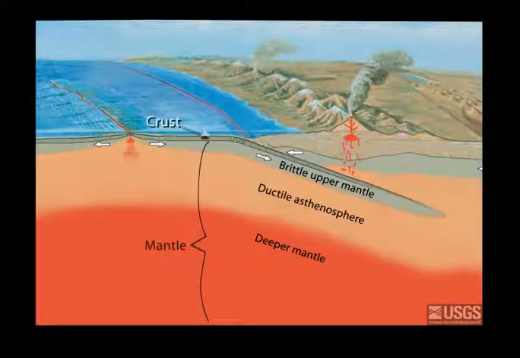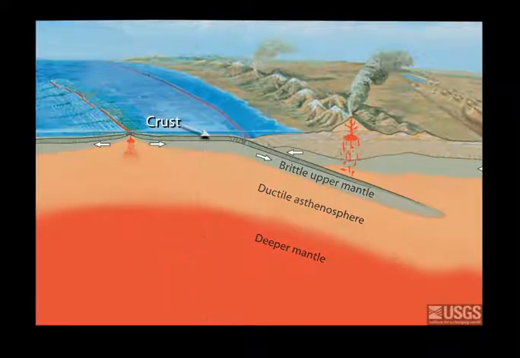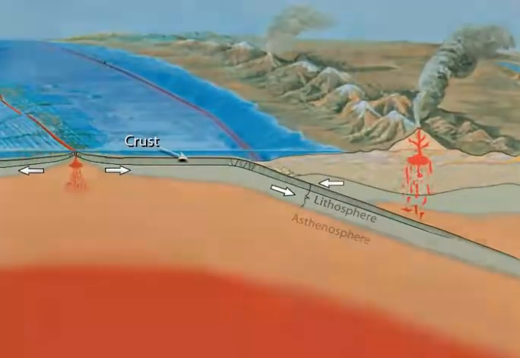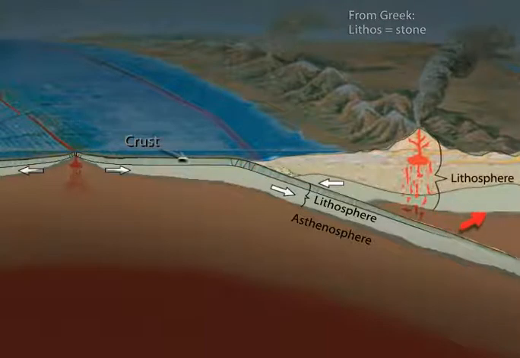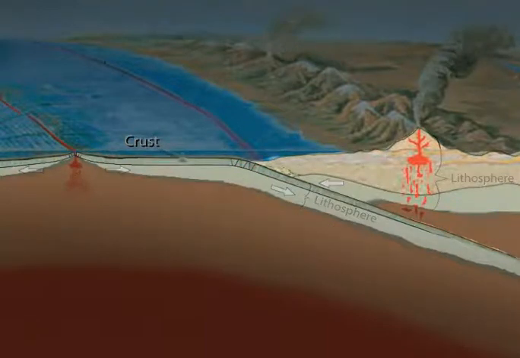Earlier, we mentioned that the crust is merely the top of the tectonic plate. This uppermost brittle mantle behaves much like the overlying crust, and together they form a rigid layer of rock called the lithosphere that moves in unison. The lithosphere ranges from as much as 100 kilometers thick in the oceanic plate to 200 kilometers thick in the continental plates.